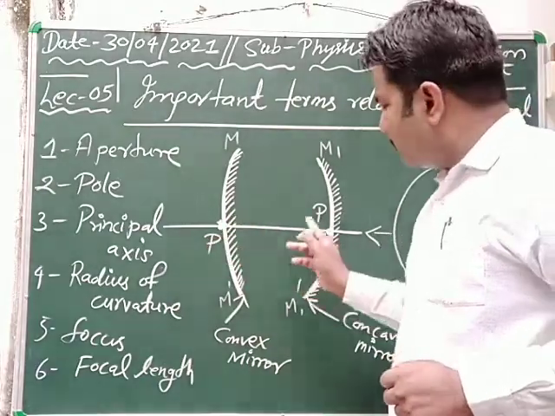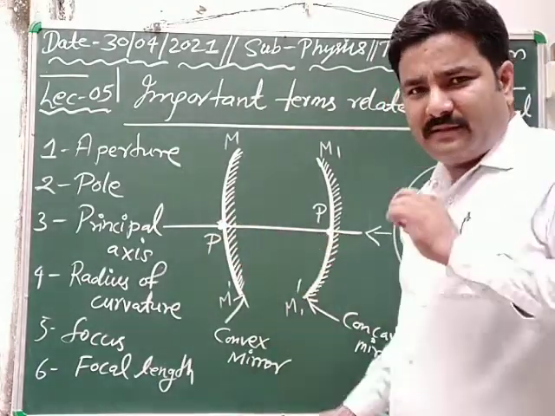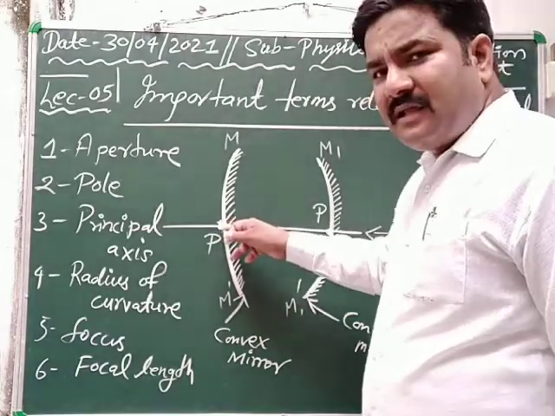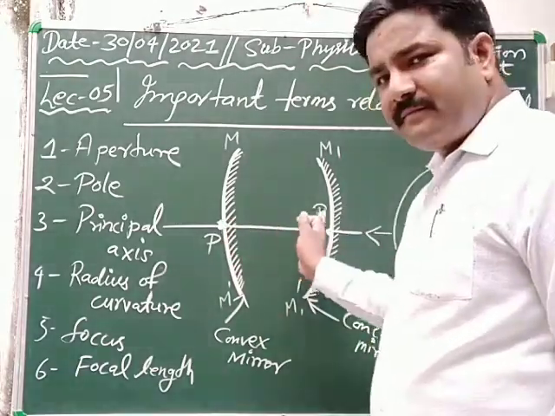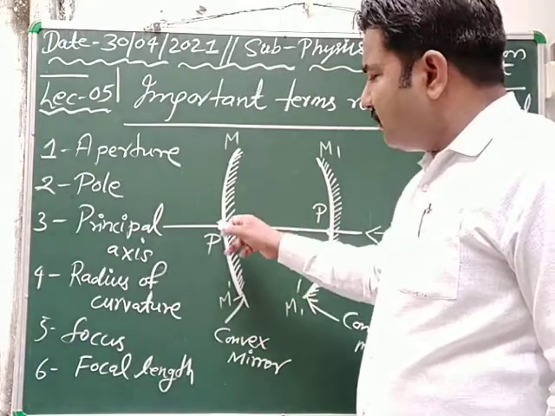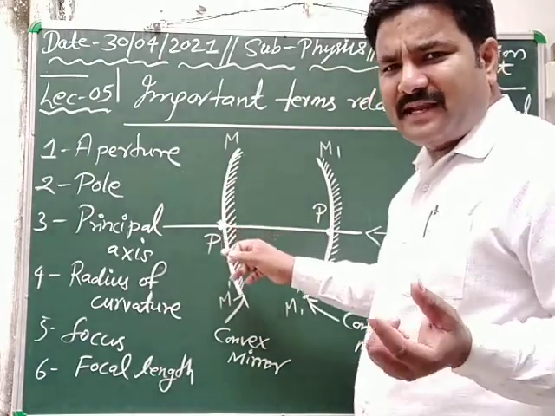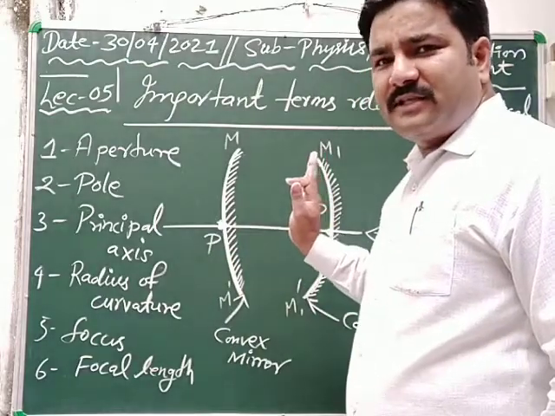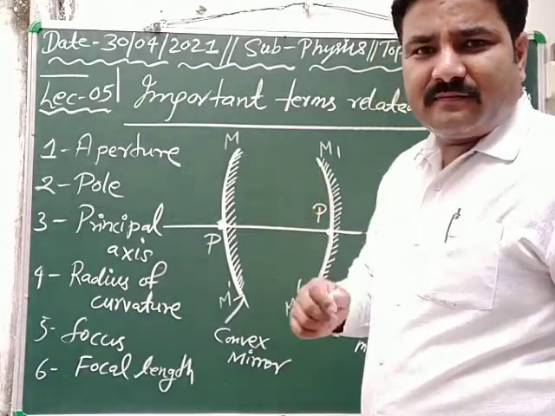So towards left, this point is nearer. That's why the mirror is concave. But in case of convex, the focus lies on the right side. That's why the pole is slightly away from focus or center of curvature.